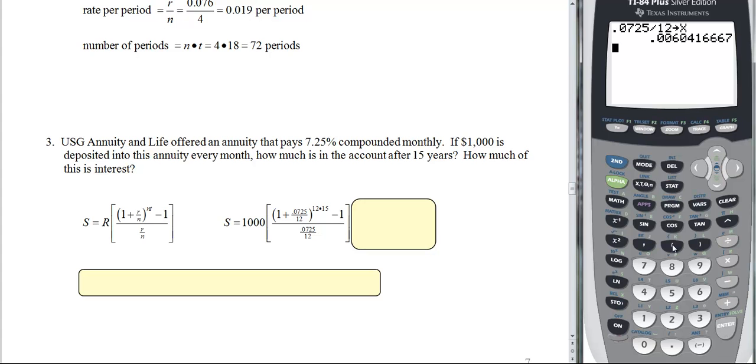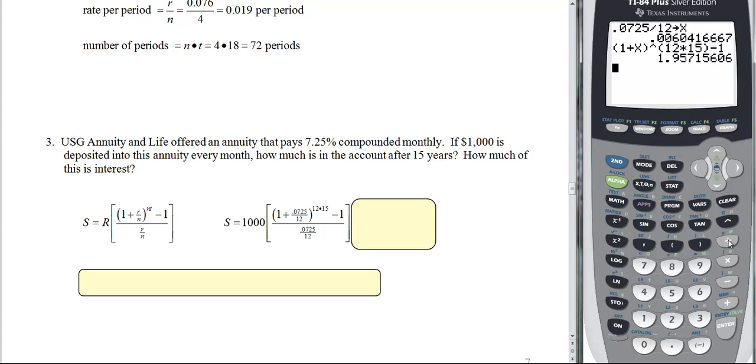Go do your numerator, parentheses 1 plus X raised to, I'm going to let the calculator multiply it out. Remember, you've got to put those in parentheses, minus 1. That's my numerator.